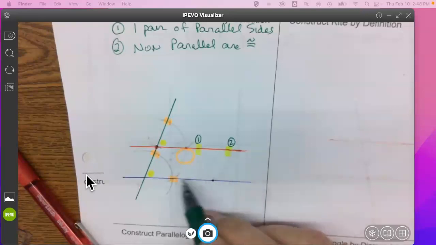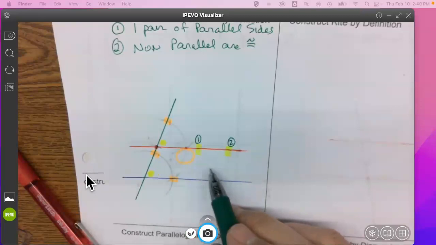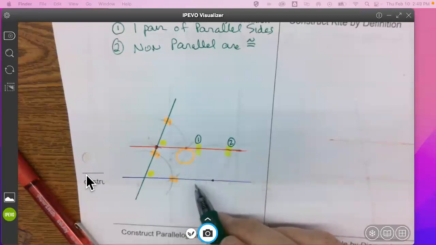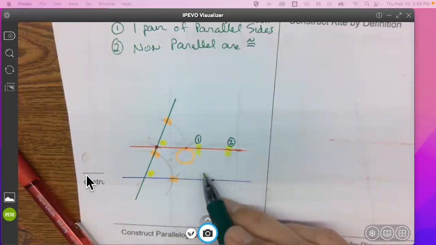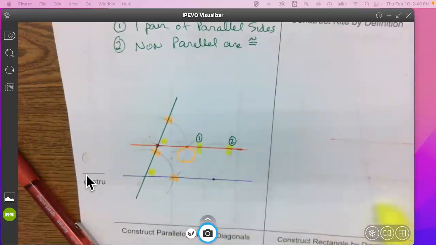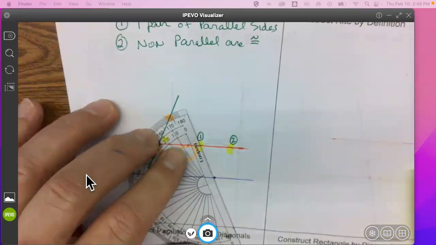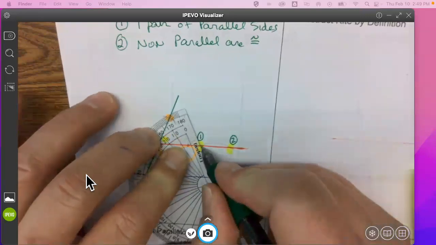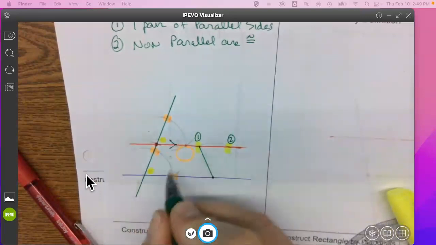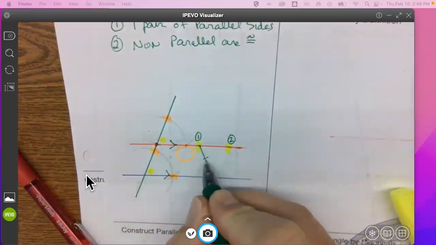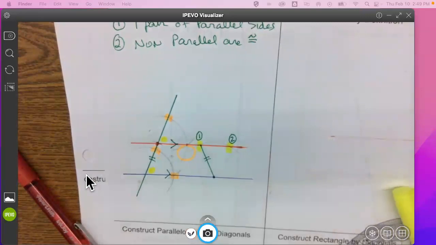Because doesn't a parallelogram have opposite sides congruent and parallel lines? But if I go this way, what shape am I making? Right, an isosceles trapezoid. So that's the one I want to connect. I now know that this line is parallel and this side is congruent.